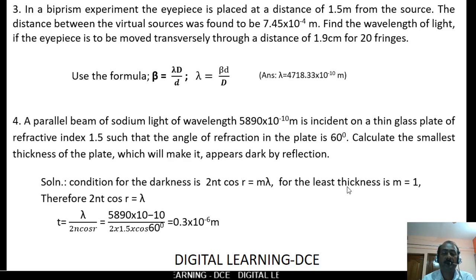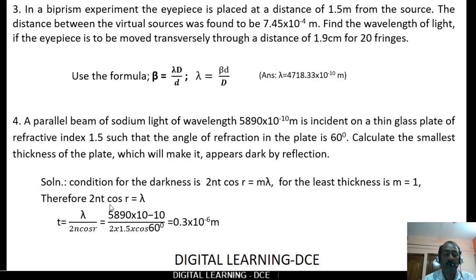Smallest means least thickness, which is m equals 1, where m equals 1, 2, 3 and so on. For least thickness, put m equals 1. Therefore 2nt cos r equals lambda, where t is the thickness of the glass plate.